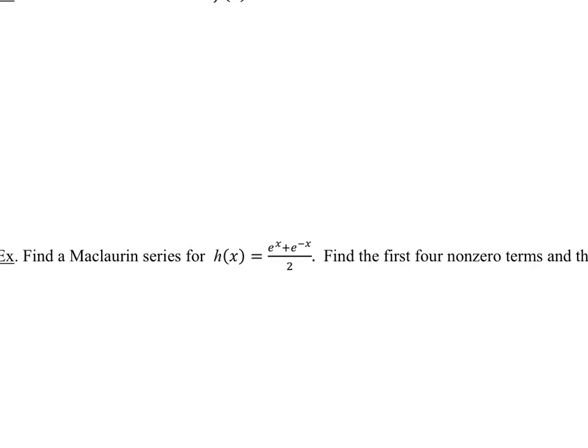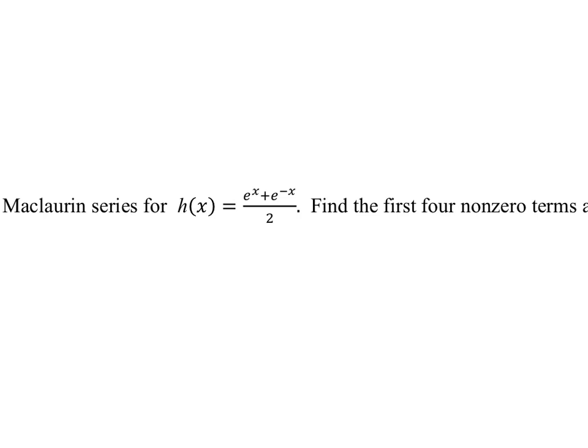So step 1 on this one, a little recommendation, because you're looking at e to the x plus e to the negative x all over 2. Start off by thinking of this as 1/2 times e to the x plus e to the negative x.